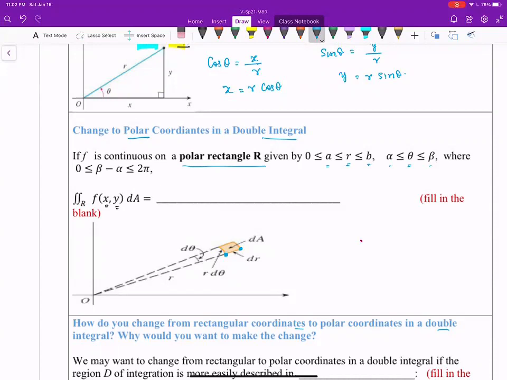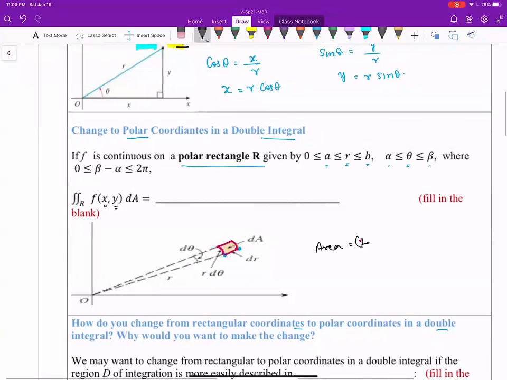If you consider this polar rectangle, it is approximately equivalent to a regular rectangle. The area of this polar rectangle can be approximated by the regular rectangle, which is length times width.